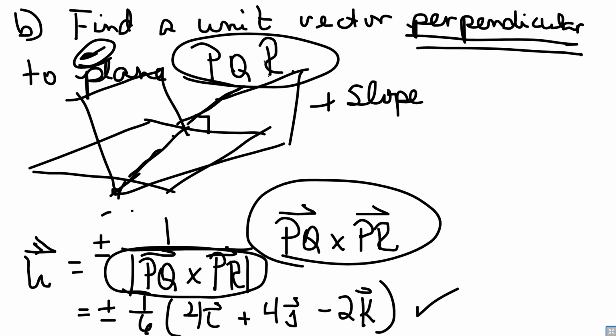And again, the reason why we have to put the plus or minus is because we have to think of it in terms of it could have a positive or a negative slope and be perpendicular to that plane. Okay. Any questions?